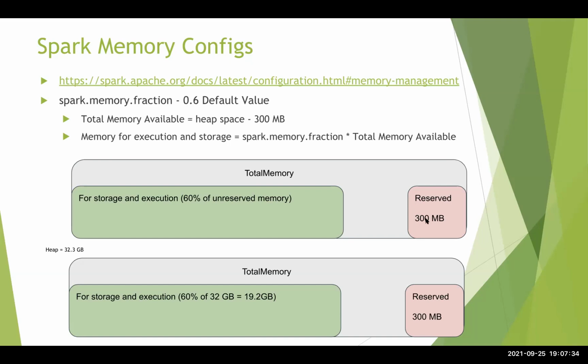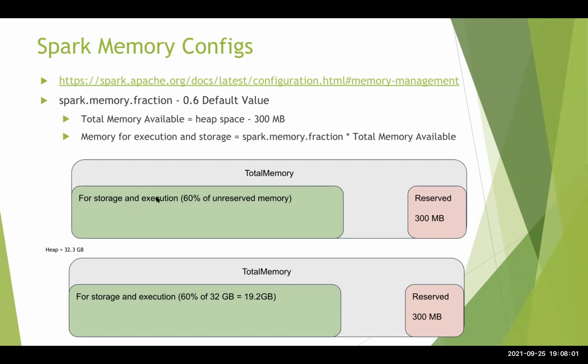This is used for housekeeping, or for something which the operating system will handle for Spark. So we can't access this memory. The total memory available is the heap space minus 300 MB, right? So this is our total memory. When I say this is heap memory, I'm not talking about off-heap memory at this moment.